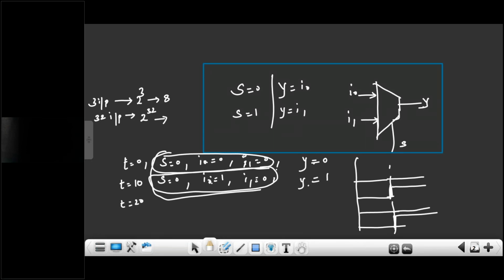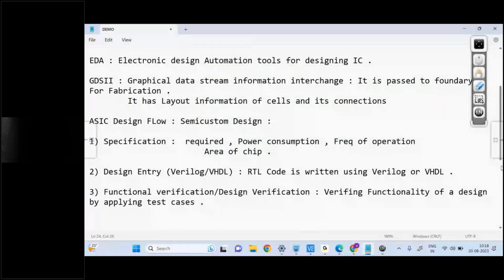Functional coverage is not as simple as what I discussed. For that reason you have to learn SystemVerilog, because the computation is very complex. You also have to learn UVM. What is UVM? Universal Verification Methodology.